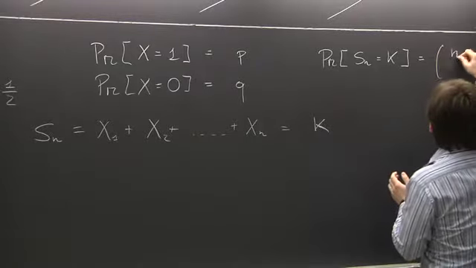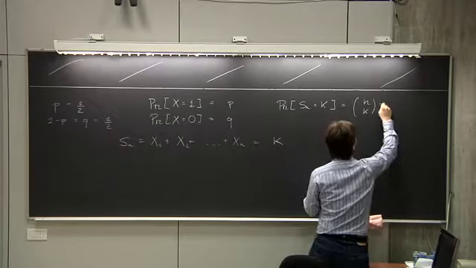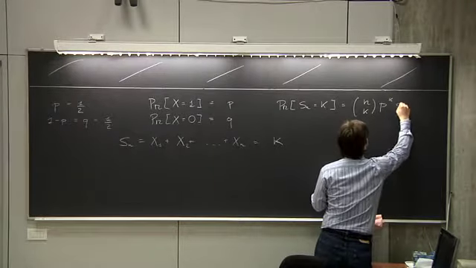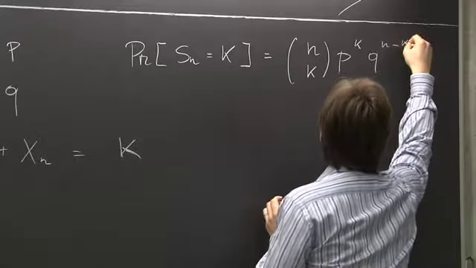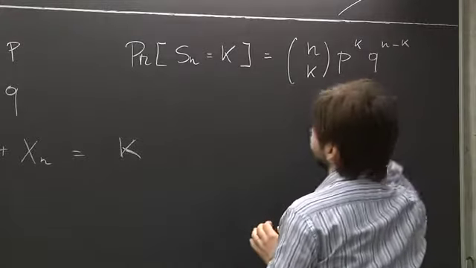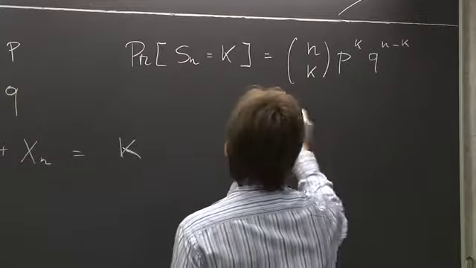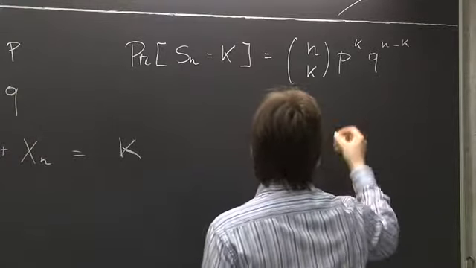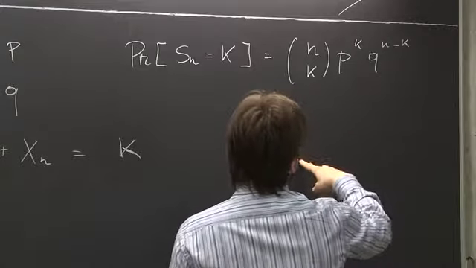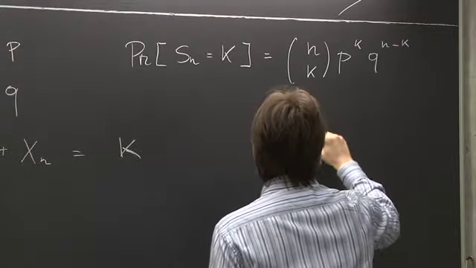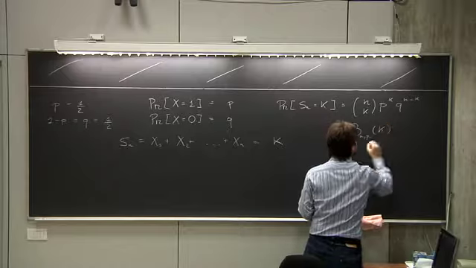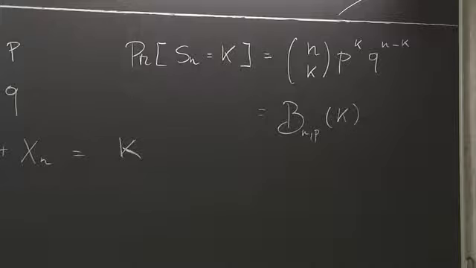This is n over k, p to the k, q to the n minus k. This is the binomial distribution with parameters n and p, evaluated in k. It is a discrete probability distribution.